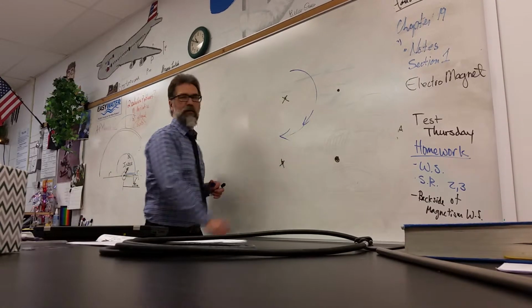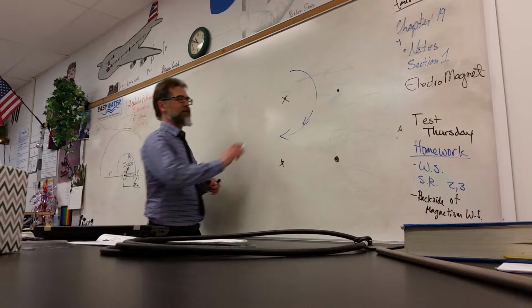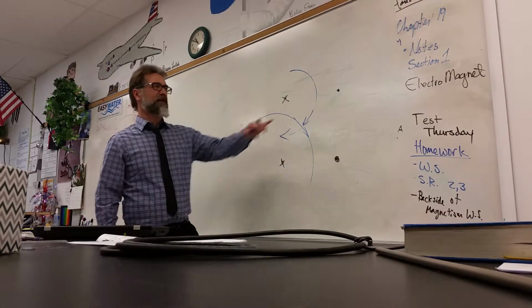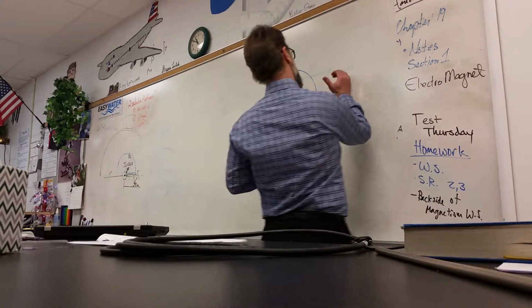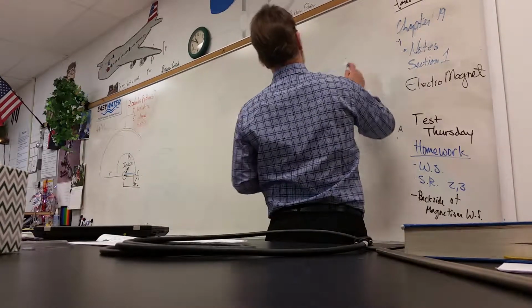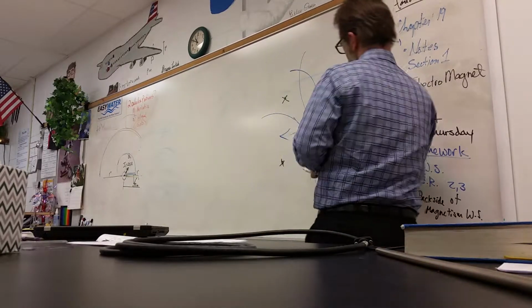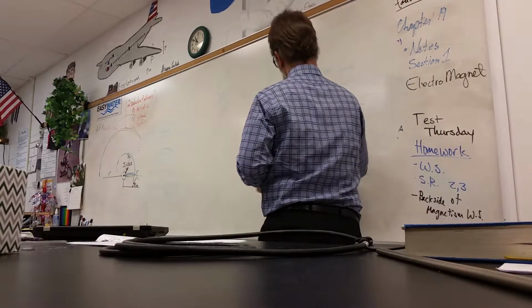What about this one? Same thing, so this one sweeps through like that. What about this one? Counterclockwise. So it sweeps through like that. And this one sweeps through like that.